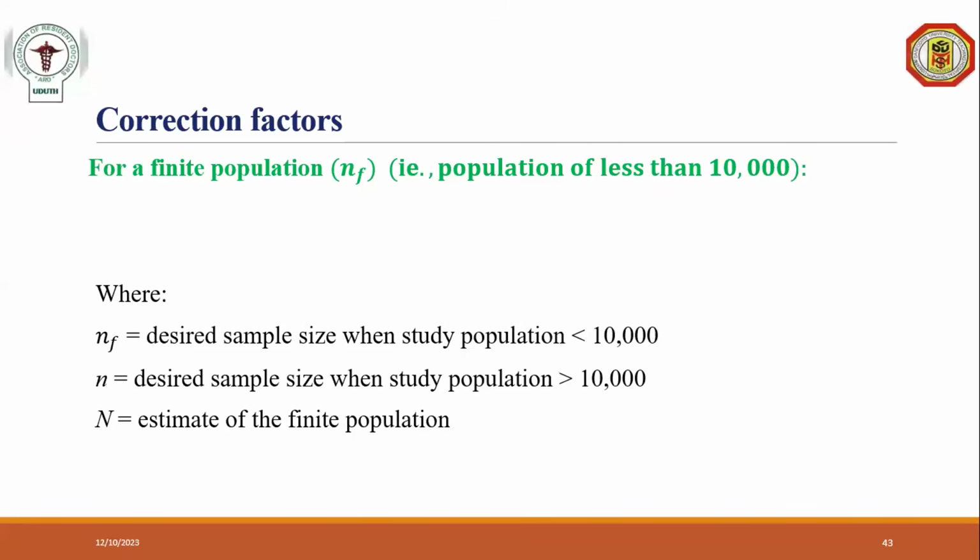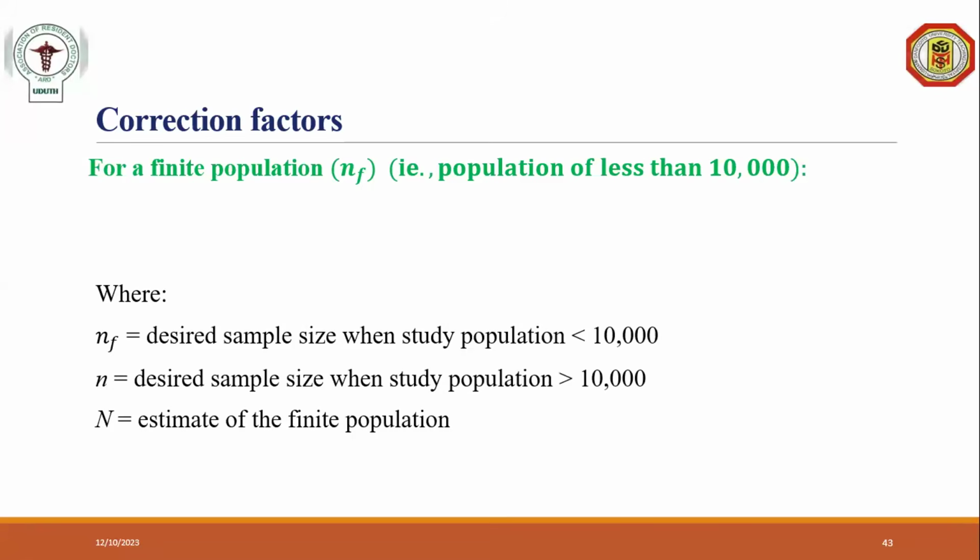So if you are going to select your sample from the pregnant women attending ANC in UDUTH, and averagely they are 100, your capital N will be equal to 100.